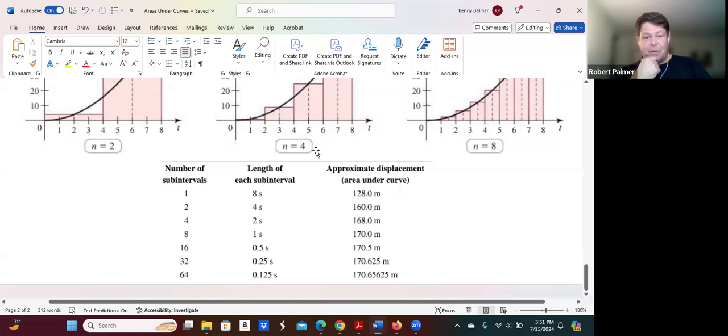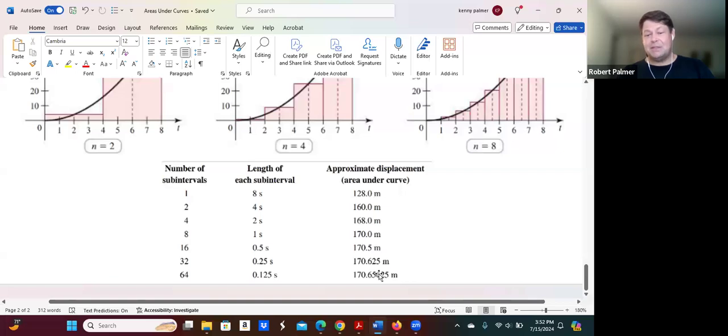At 4, it's 168, and at 8, 170. Notice if I go to 64, we're doubling each time, and it's kind of settling down to a limit, and as we'll see in the future, this is related to a limit. It's approaching this value, about 170.656. If we use more rectangles, we'll basically get the same value, improved, but not by much.